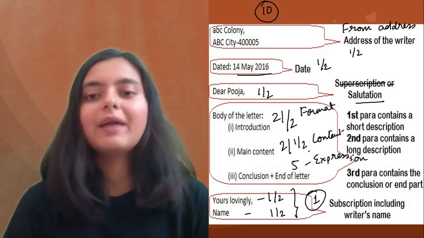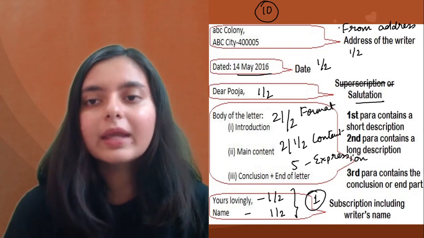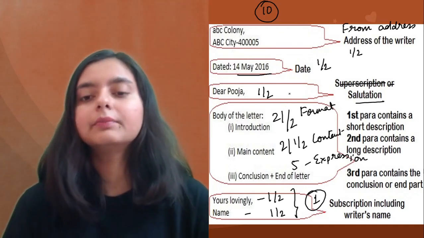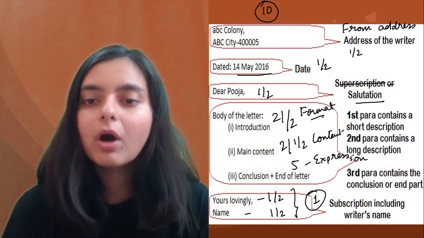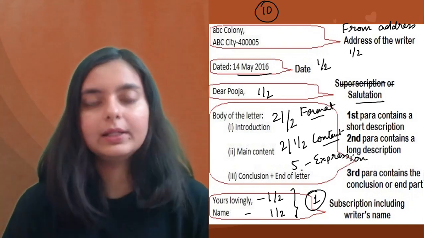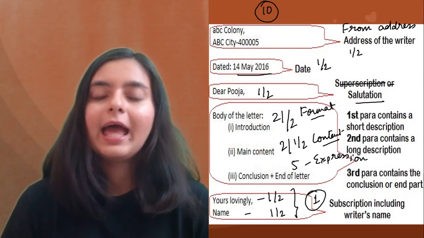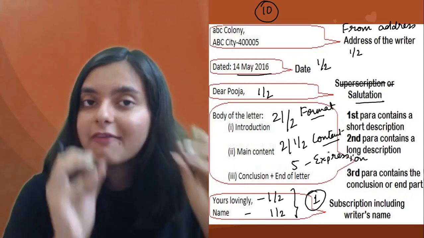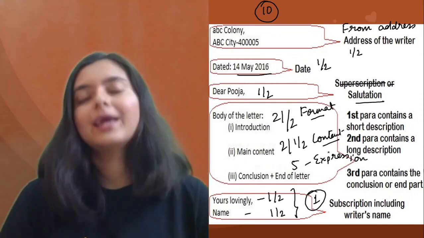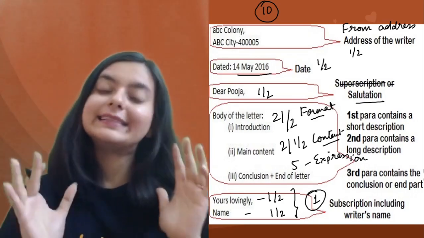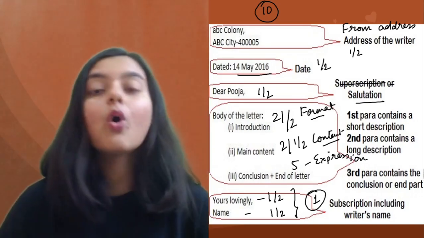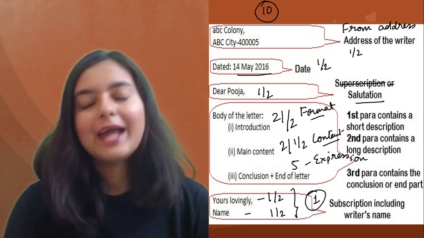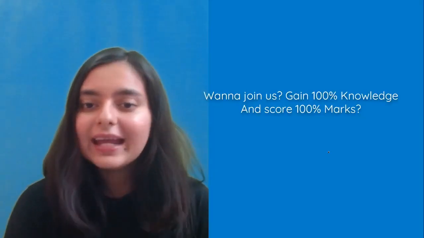All right, I hope you've understood. So 2.5 format, 2.5 content, this is the sum total, and 5 for expression. So guys, for each and everything you have marks. Therefore, we have to pay attention to each and every aspect of your letter and score as much as possible. Do not make any mistake, right?